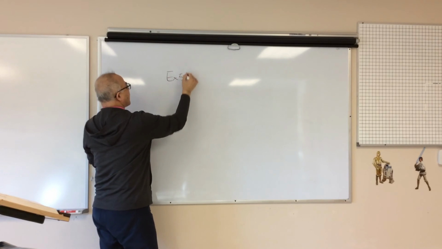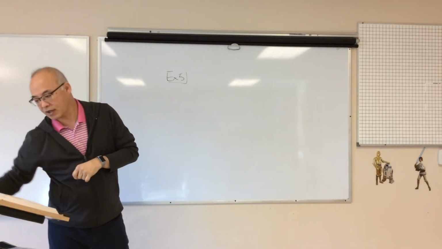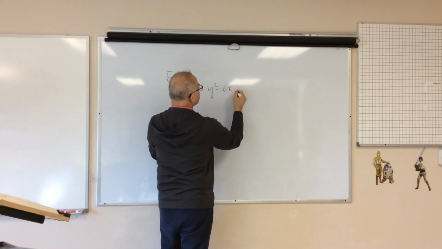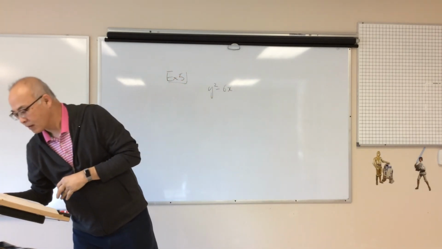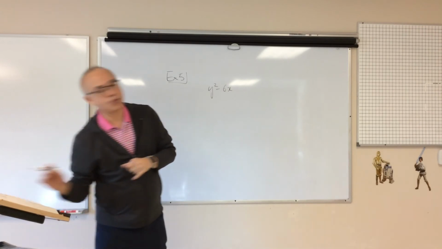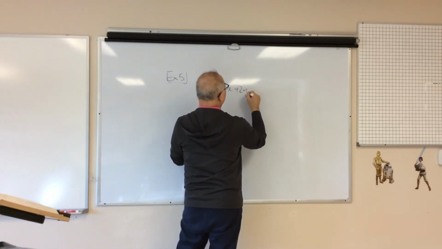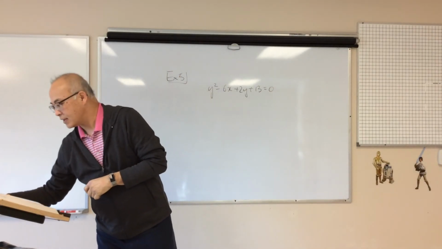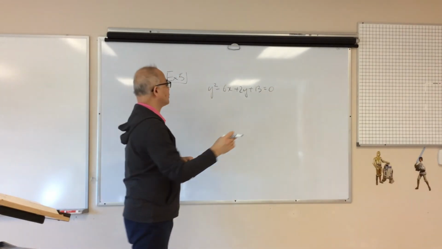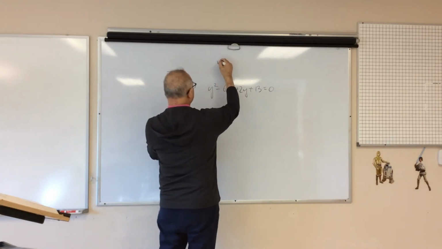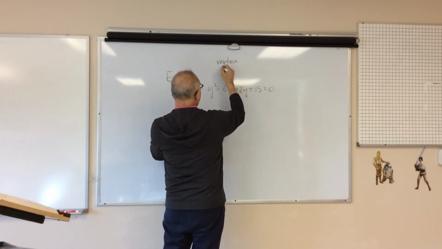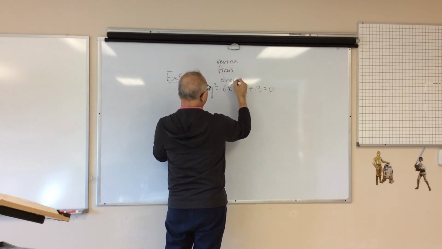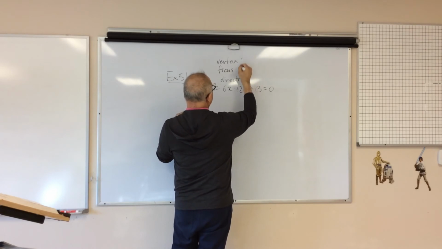So example number 5, the standard form they give you is y squared minus 6x plus 2y plus 13 is equal to 0. And we need to find its vertex, focus, and directrix. They want us to find these 3 things.